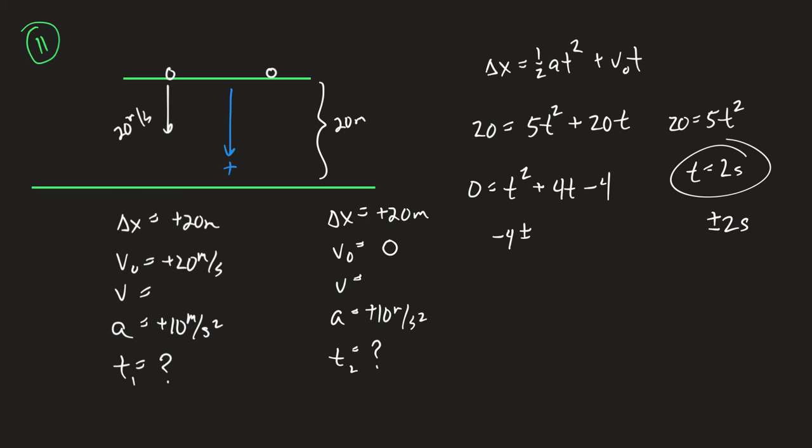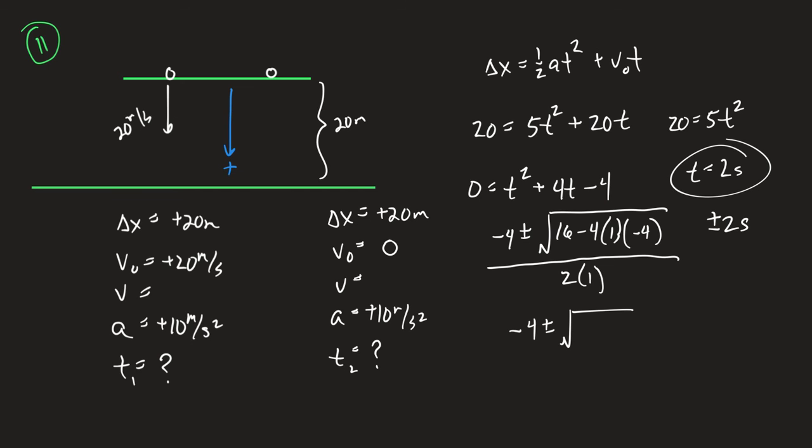Negative b plus or minus the square root of b squared minus 4ac, all divided by 2a. So negative 4 plus or minus the square root of 32 divided by 2. Square root of 32, I'm thinking is like 5.6?